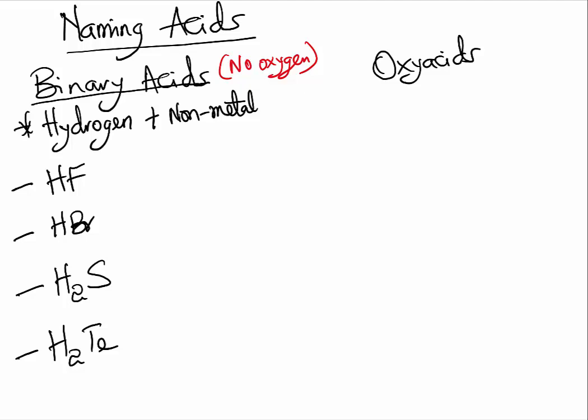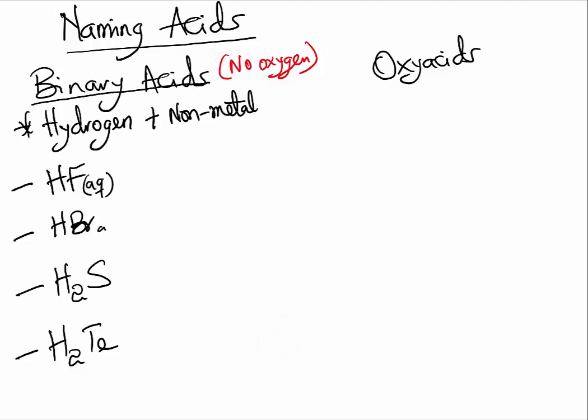As written right now, HF can also be called hydrogen fluoride if it is a gas. But to indicate that we are talking about acids, you will see AQ in front of the HF, which means aqueous, which means HF gas has been dissolved in water to make acid.